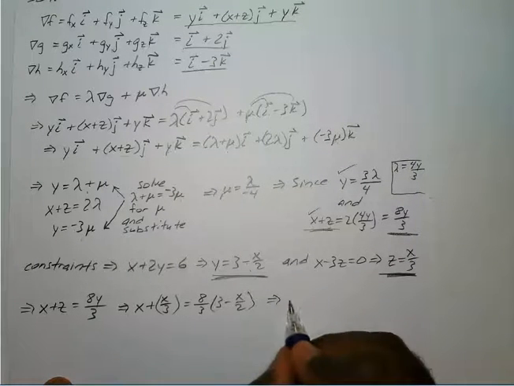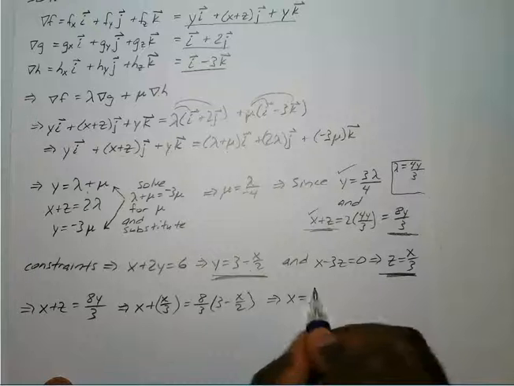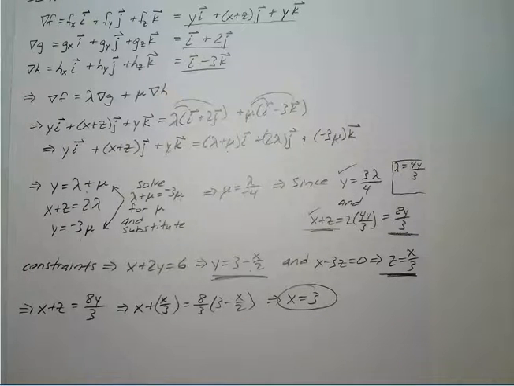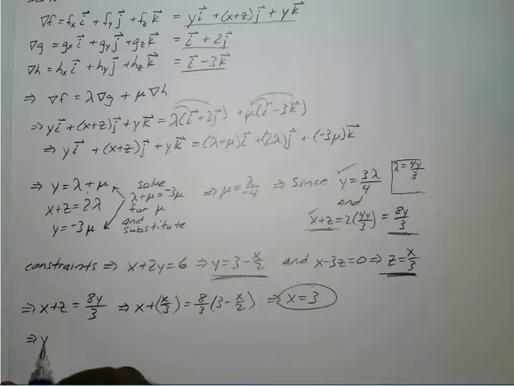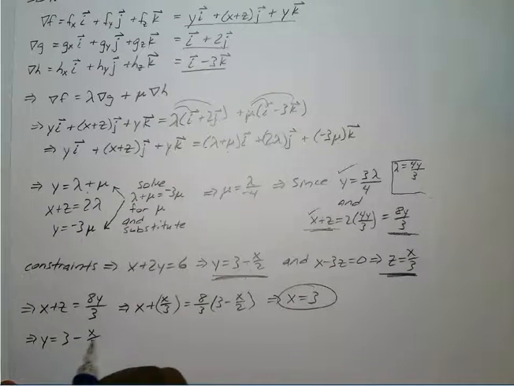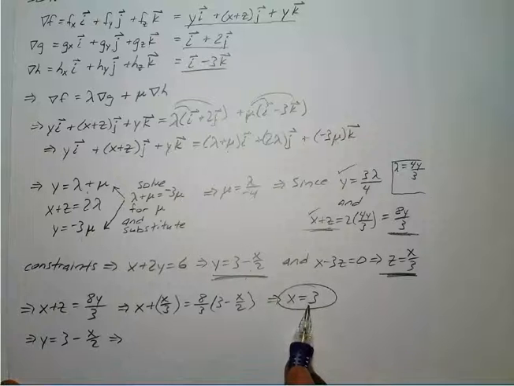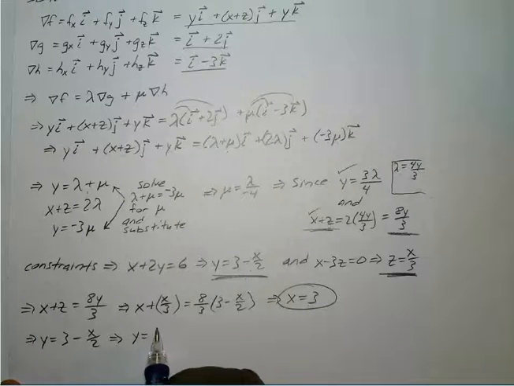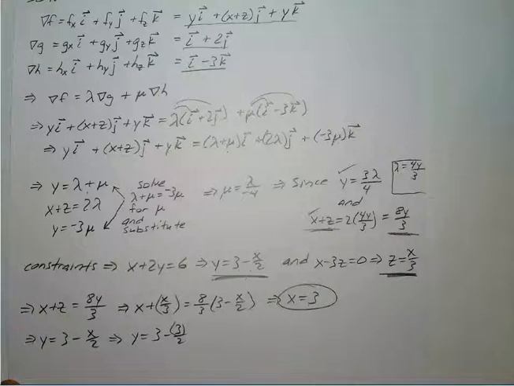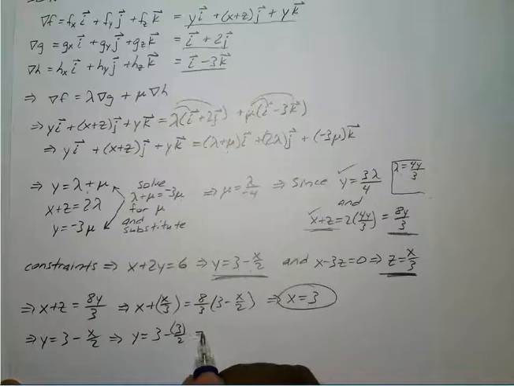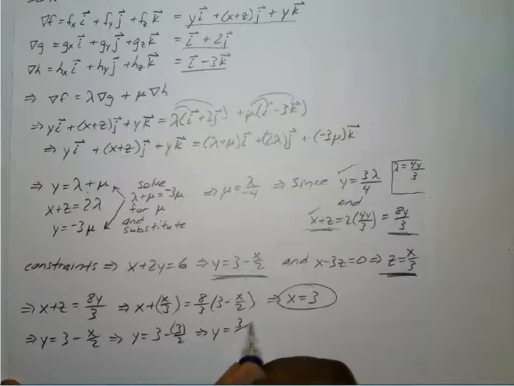Once you solve for x here, you end up with x equals 3. We know that y is equal to (3 minus x) over 2, so y is equal to (3 minus 3) over 2. Wait, rechecking: y is 3 minus 3 over 2, so changing 3 to 6 over 2, 6 minus 3 is 3, so you end up with y equals 3 over 2.